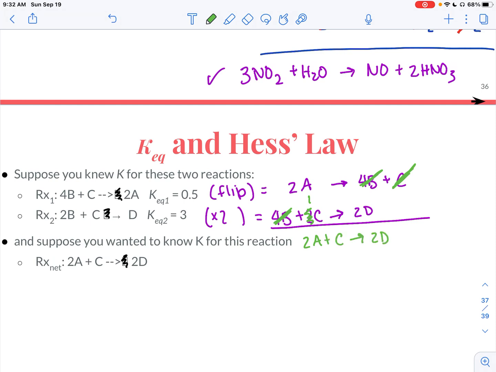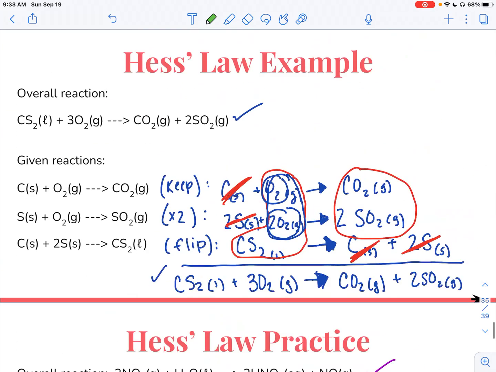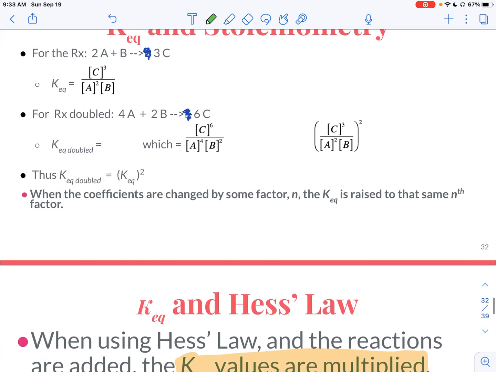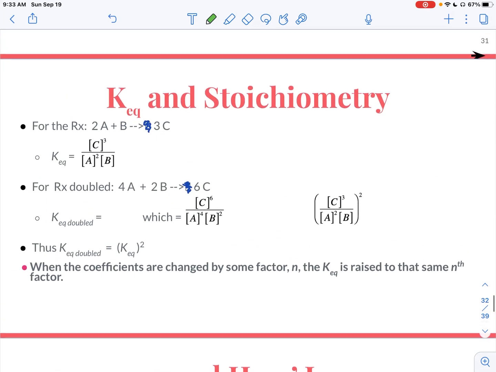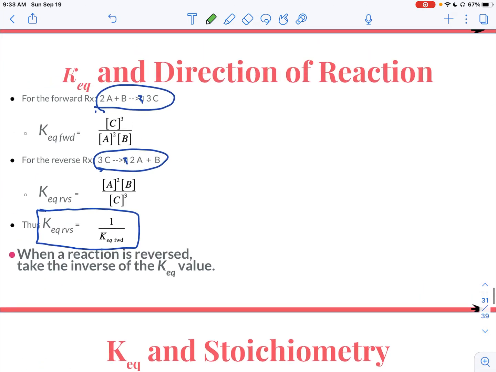Okay. So Hess's law is great, but that's not what this problem is asking. This problem is asking what's K for our overall reaction. That's when our stuff that we learned before the Hess's law part of this video comes into play, okay? You know that if we reverse a reaction, we can do 1 over K to figure out what the new K is.